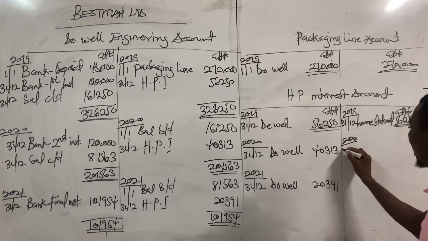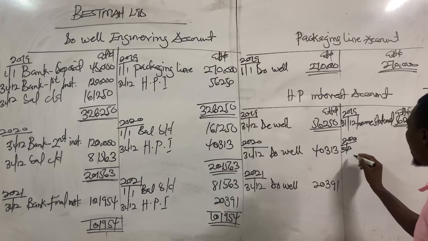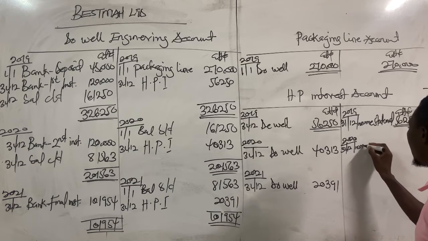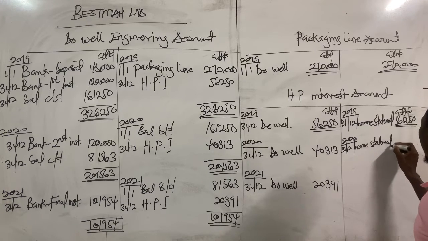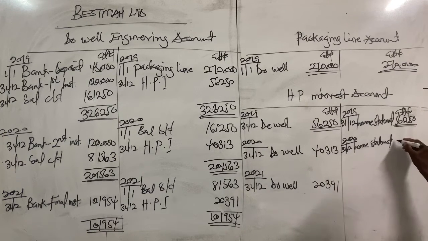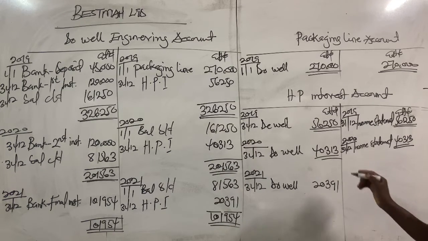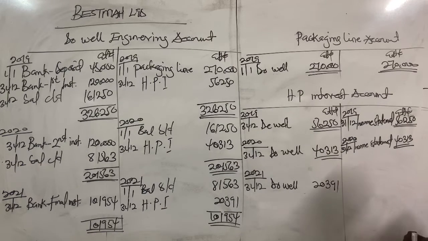At 31st December, we have income statement of this same amount, 40,313, so that we can transfer it to the income statement because it is an expense.